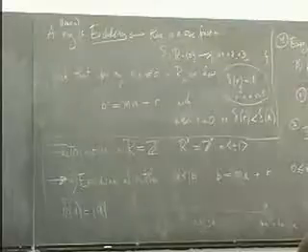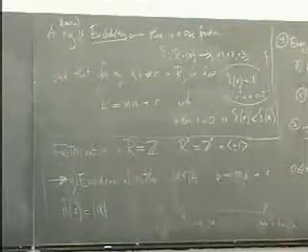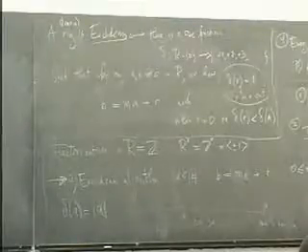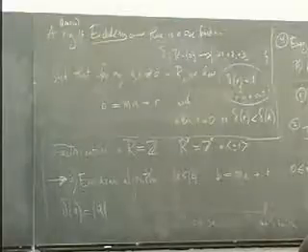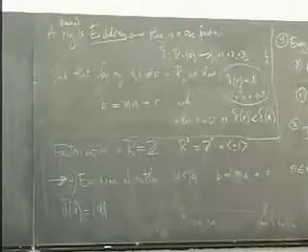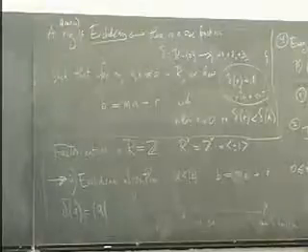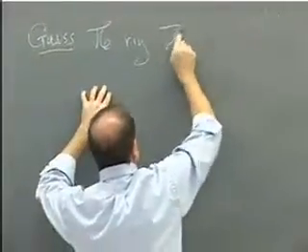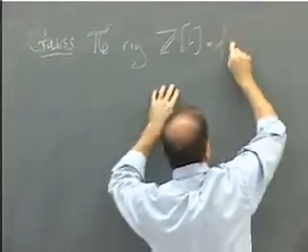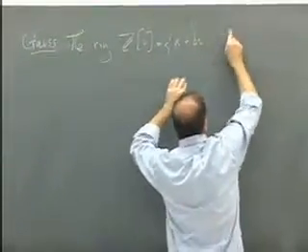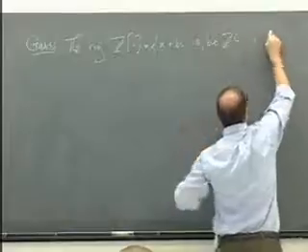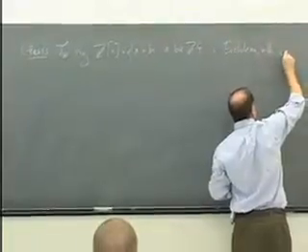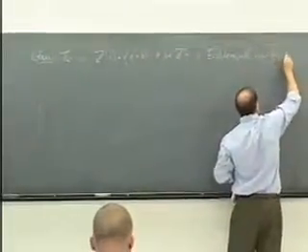And then we might ask ourselves if every ring is Euclidean. Gauss. The ring of Gaussian integers is Euclidean with size function the absolute value.